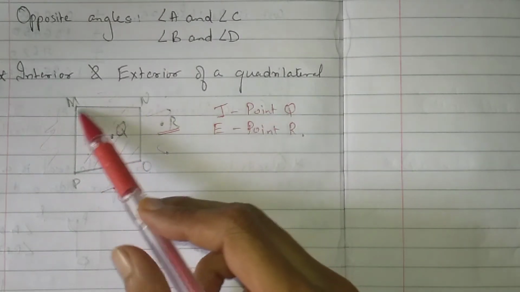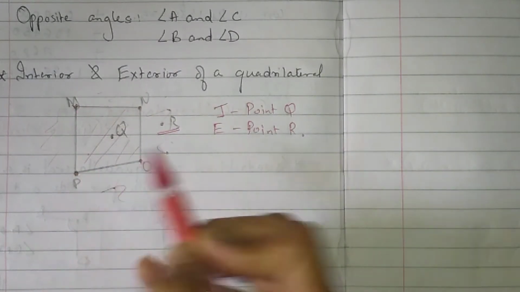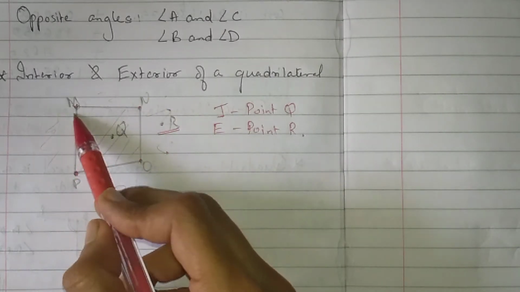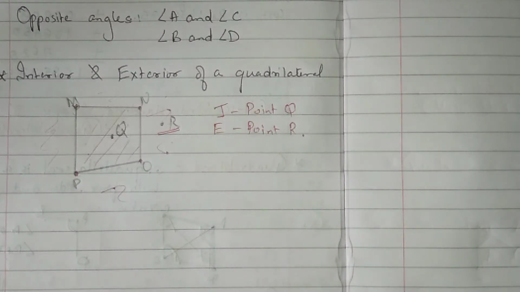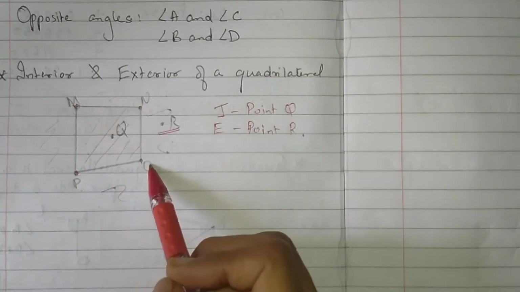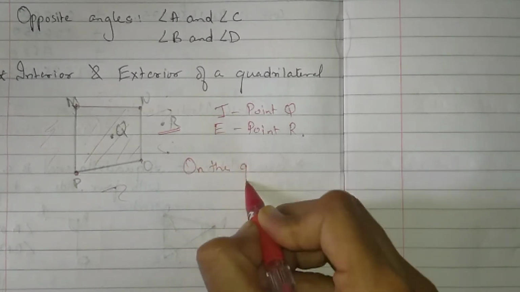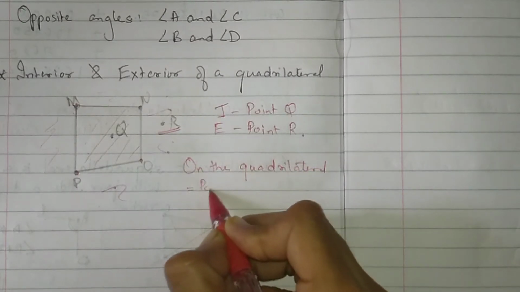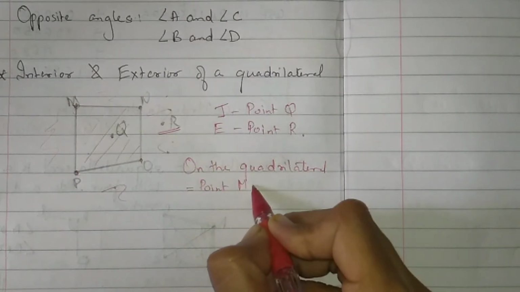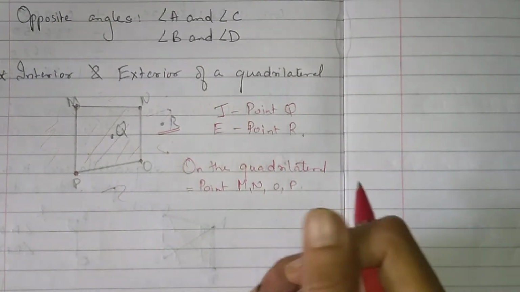And on the quadrilateral means whichever points lie on the quadrilateral. M, N, O, P are on the quadrilateral.